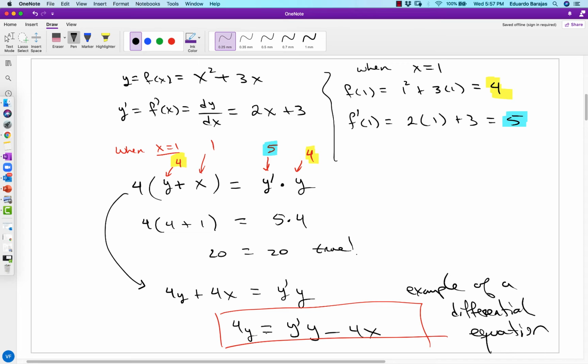Notice that it's an equation, and what's special about it is that not only does it have the variable y and the variable x, but it also has the first derivative of the function within it as one of the terms, right? If you're given this, your mission would be to somehow reverse engineer it and figure out the value of y, the original function.